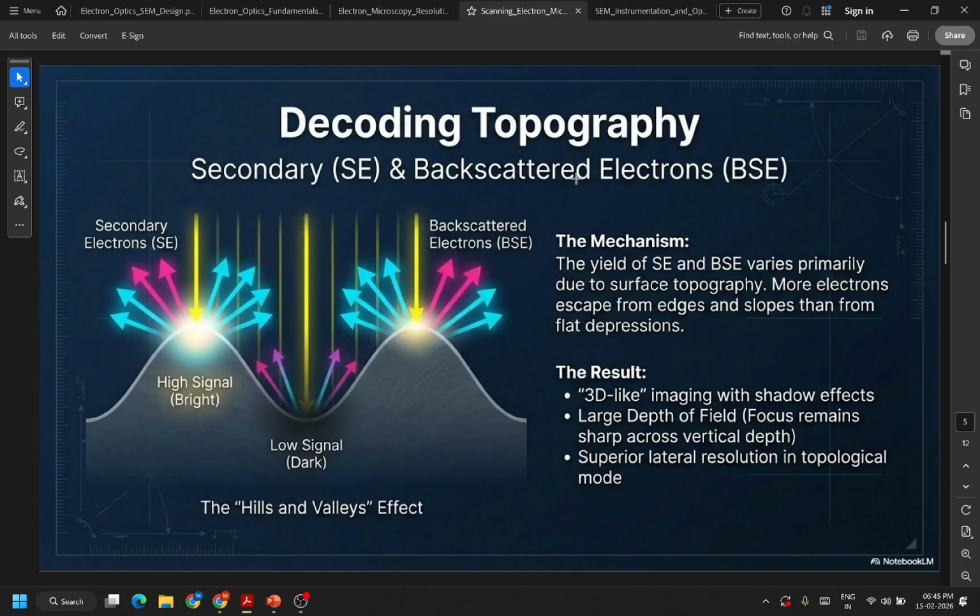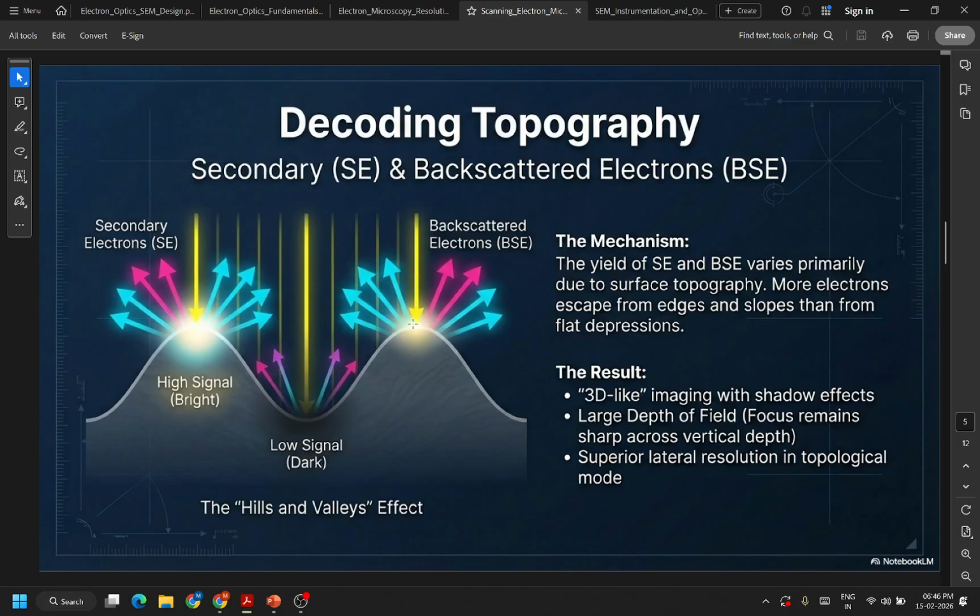Now if you want to decode your topography, which is how your surface looks, that is mainly done by secondary electrons as well as backscattered electrons. The amount of scattered electrons will depend on your surface topography.